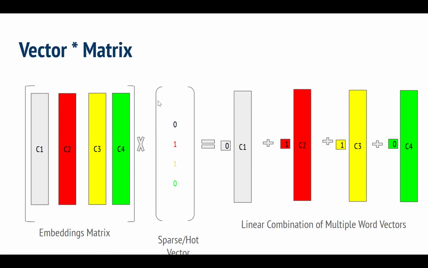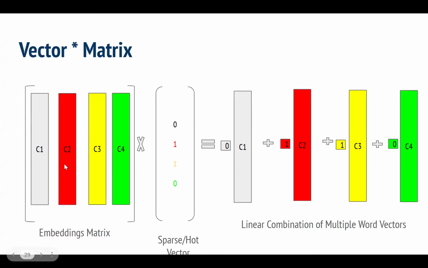So how do we feed a word or multiple words into the network? Each word, or multiple words, is input into the neural network as a one-hot or a sparse vector, depending on whether you are using skip-gram or continuous bag of words. And this is actually just a weight matrix.